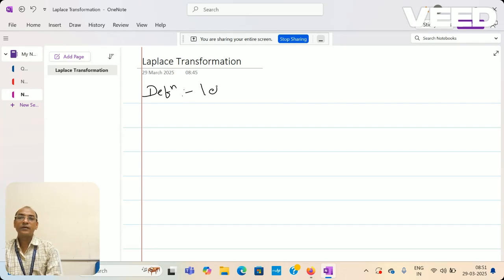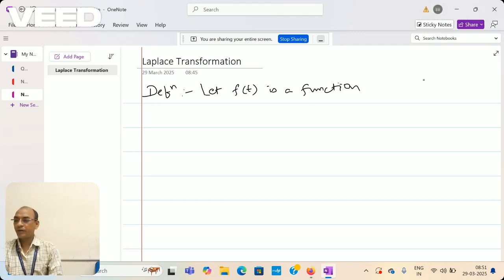Let f of t be a function of t defined for all t greater than or equal to 0.